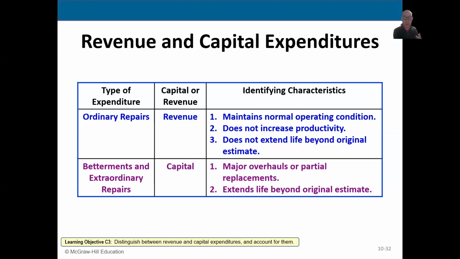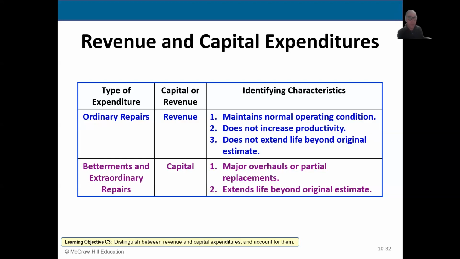When something extends the useful life of the machinery or is kind of like an overhaul, we call that an extraordinary repair or a betterment. We improved it. Does that increase the value? It can. It sure can. It depends. It might increase its salvage value. Probably.